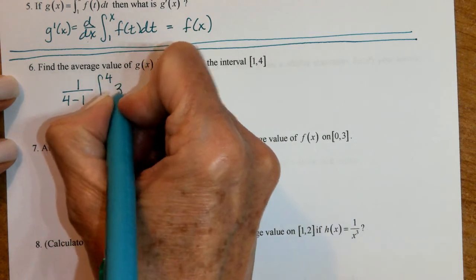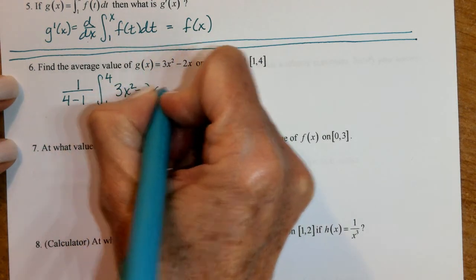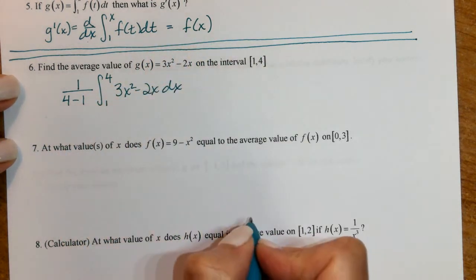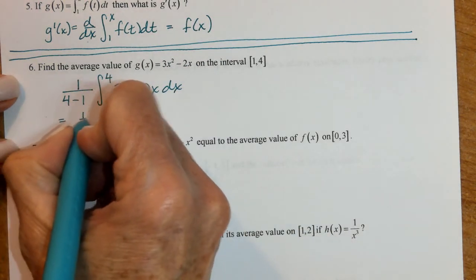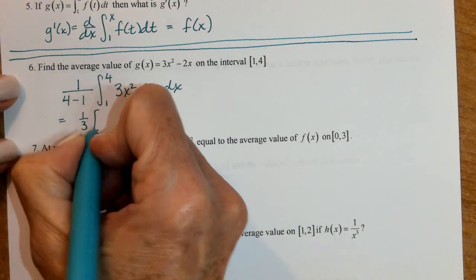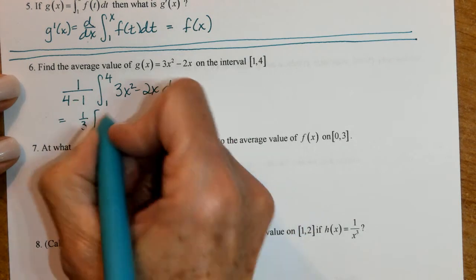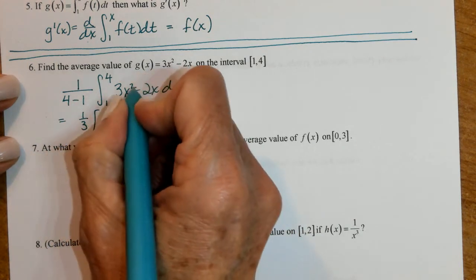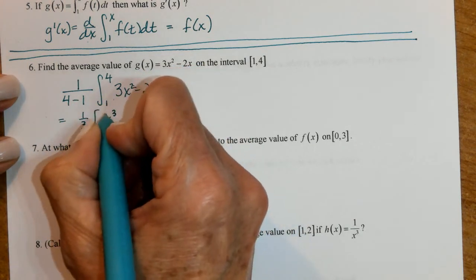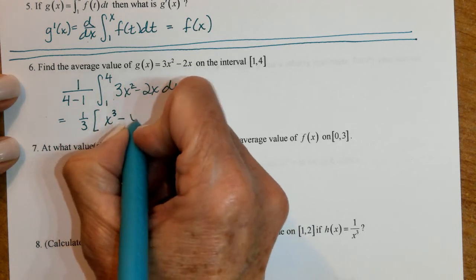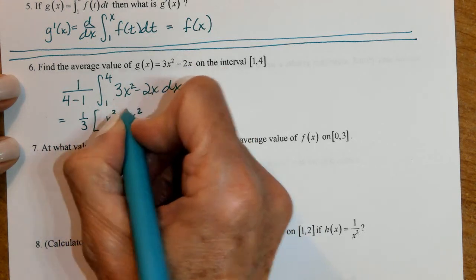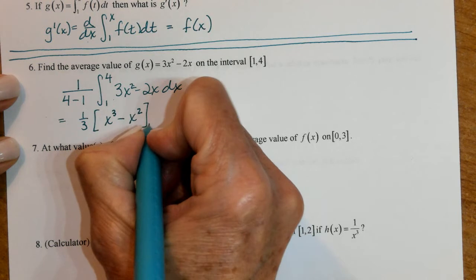So this is 3x squared minus 2x. So this is 1/3. Let's do the antiderivative. Raise your power by 1, divide by your new power, that will just be a 1. Raise your power by 1, divide by your new power, that will just be a 1 again.